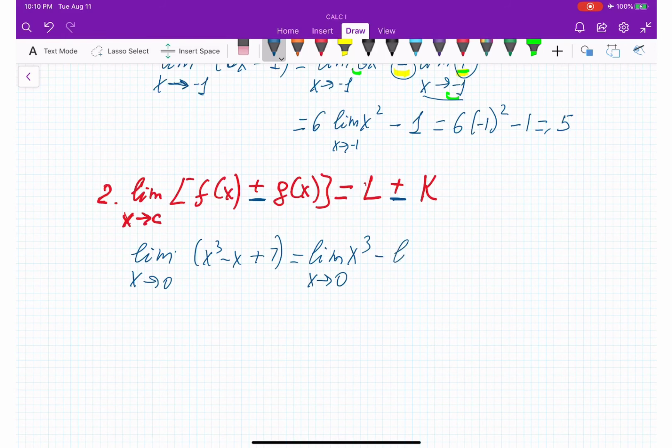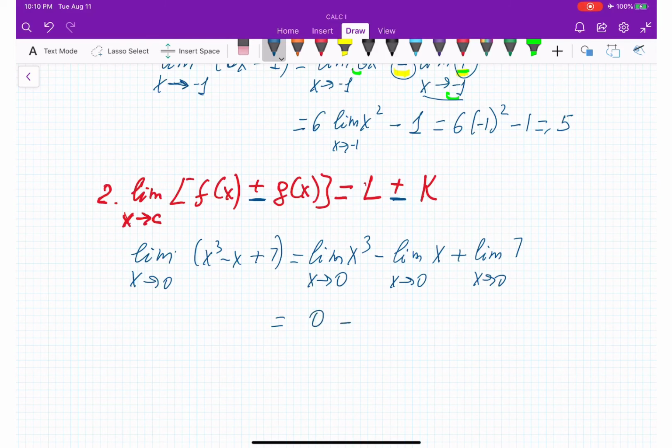minus the limit of x as x goes to 0, plus the limit of a constant as x goes to 0. So what do we get? The limit of x cubed, plugging in 0, 0 cubed, gives 0, right?